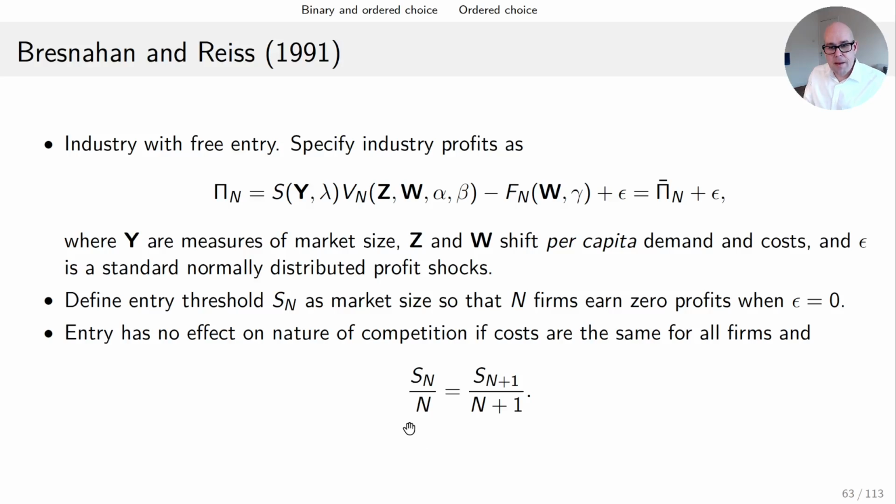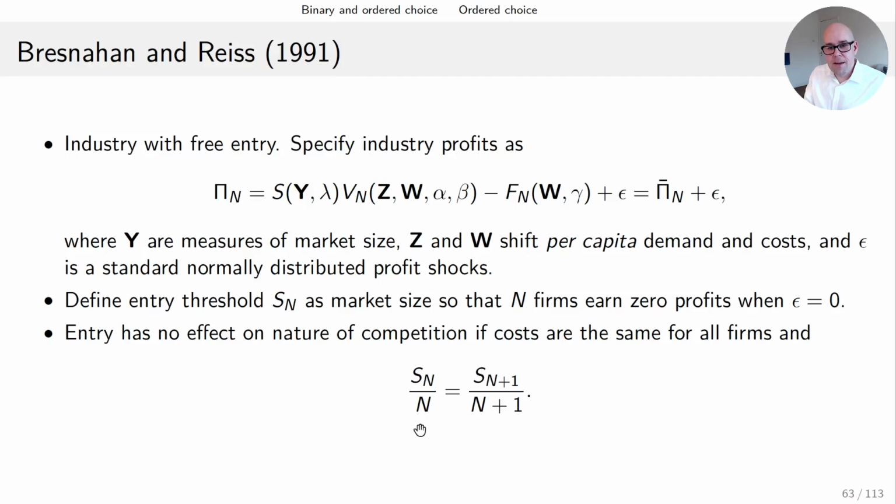So this is the entry threshold per firm for n firms in the market. And here I have the entry threshold for n plus 1 firms in the market.